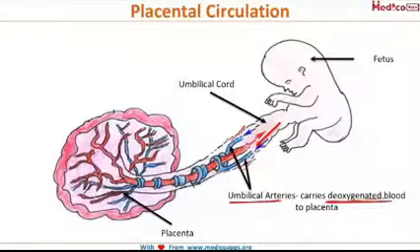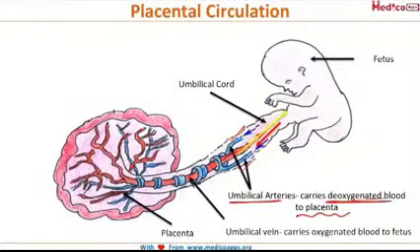And where will this deoxygenated blood travel? It has to go from the fetus to the placenta for getting oxygenated. So the umbilical arteries carry deoxygenated blood from the fetus to the placenta, and our umbilical vein carries oxygenated blood from the placenta to the fetus.